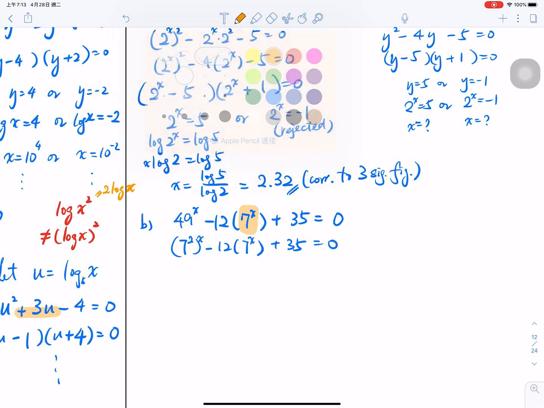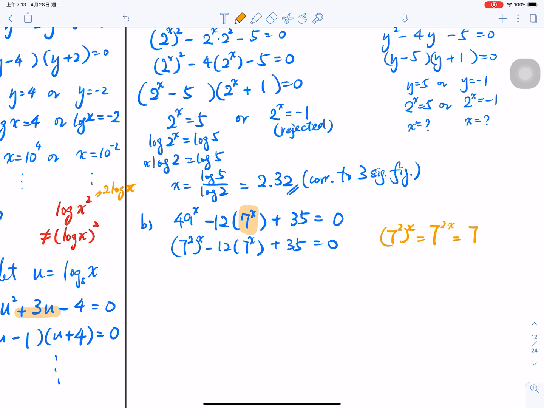Here, 7 squared and then to the power x, so 7 to the power 2x. This can be rewritten as 7 to the power x, all squared. So we have (7 to the power x) squared minus 12 times 7 to the power x plus 35.